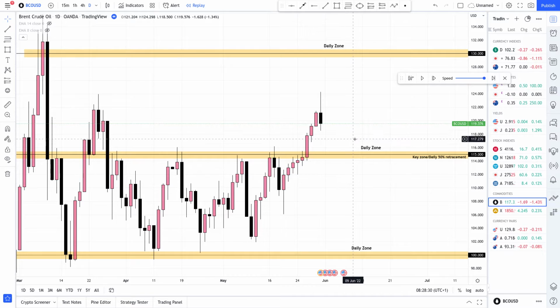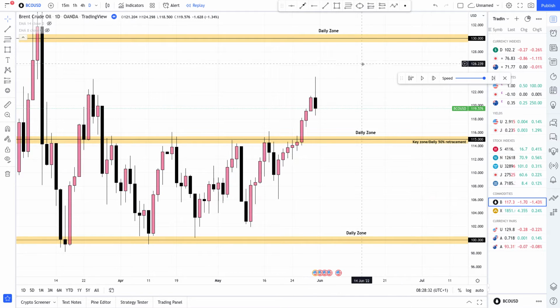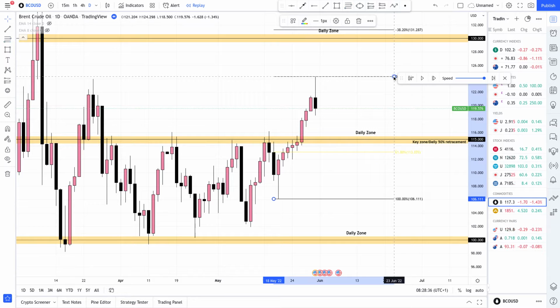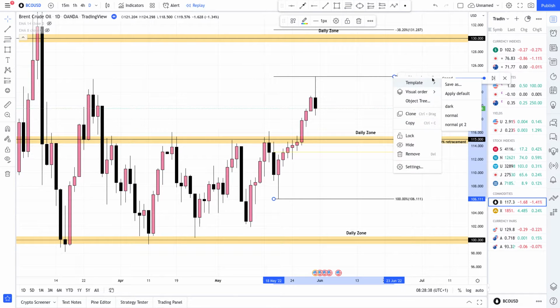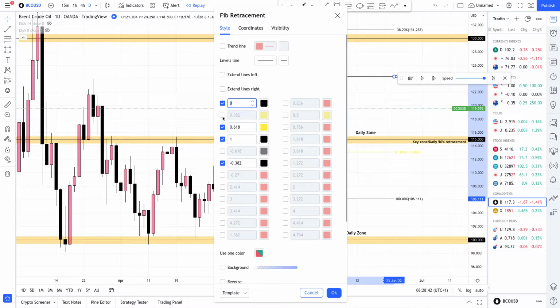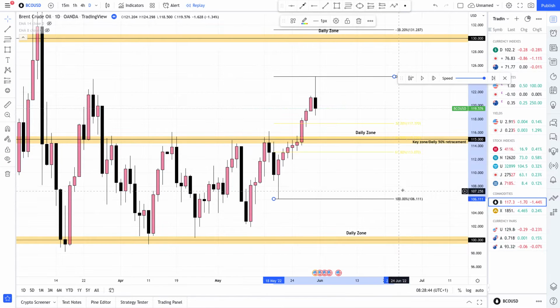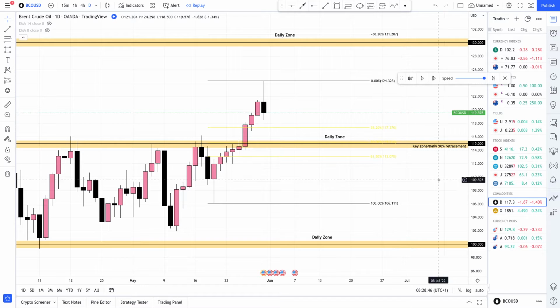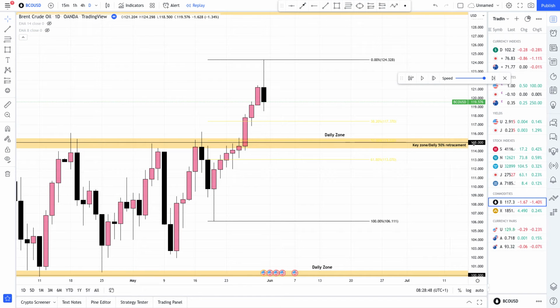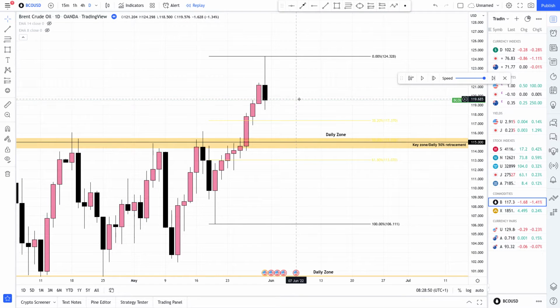But if we bring the Fibonacci retracement from up here to here, and I edit this and add all the other levels, you can see that the 50 retracement is at the key level of $115 per barrel.